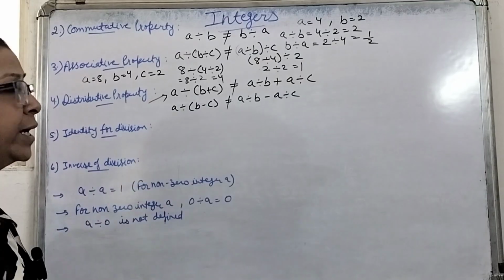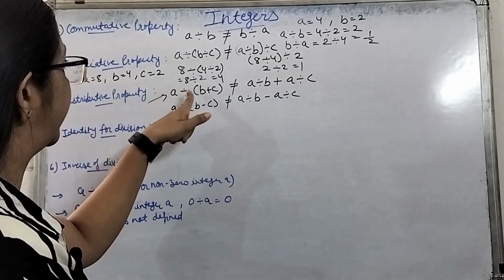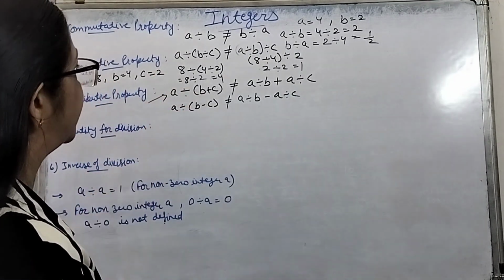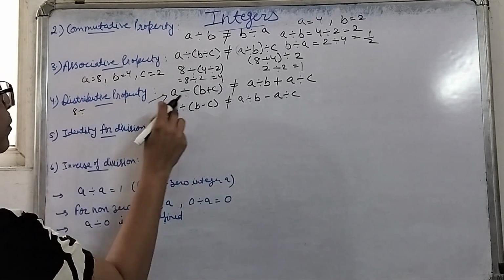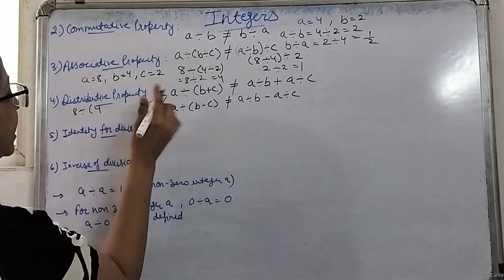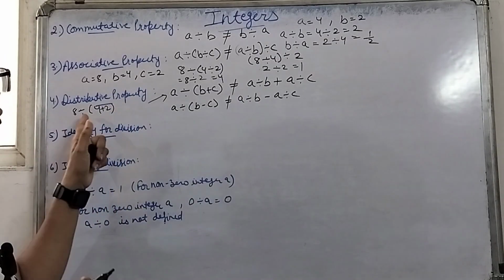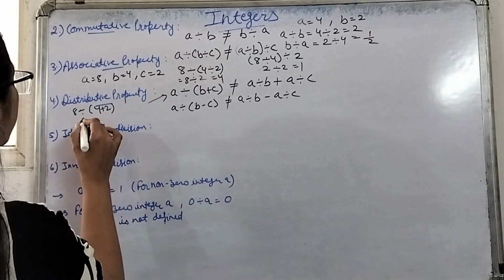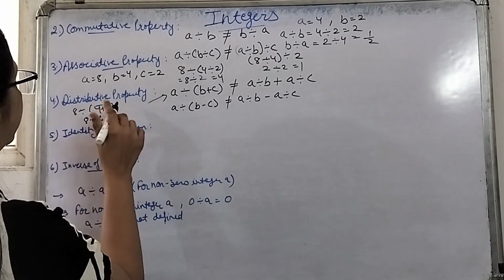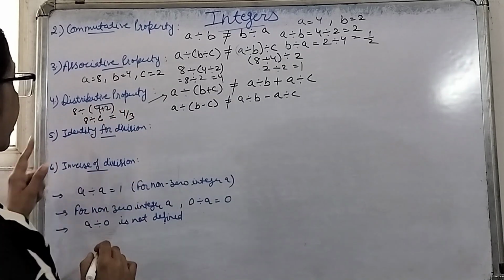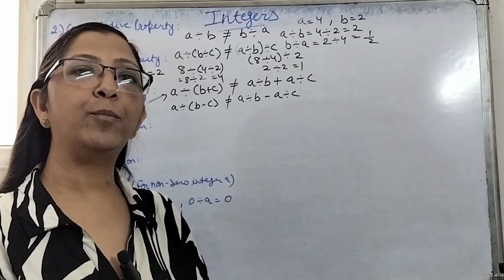For addition, we keep the values and find the value of the LHS part. Instead of a we write 8, divided by b which is 4 plus c which is 2. So 4 plus 2 will be 6, and it is 8 divided by 6, which we can write as 4 upon 3.